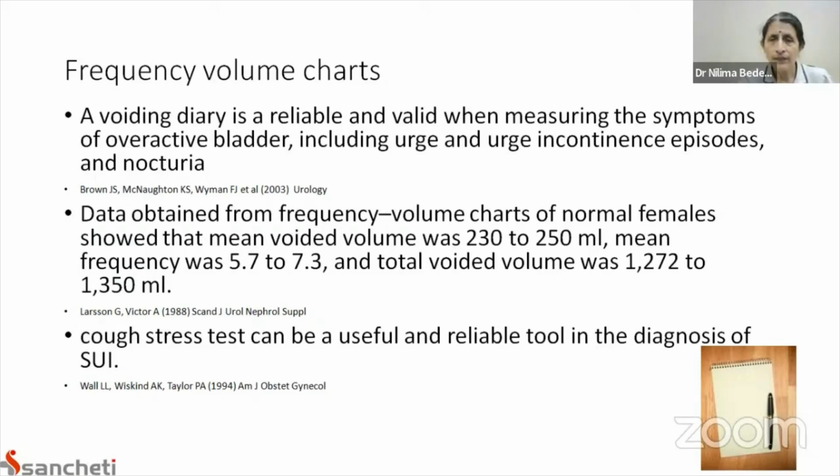The data obtained from the frequency volume charts of normal females showed the mean voided volume and the frequency, so even the normative values have been demonstrated. Equally, there is a cough stress test, which is also a reliable tool, and you can ask them to do it for themselves as well.